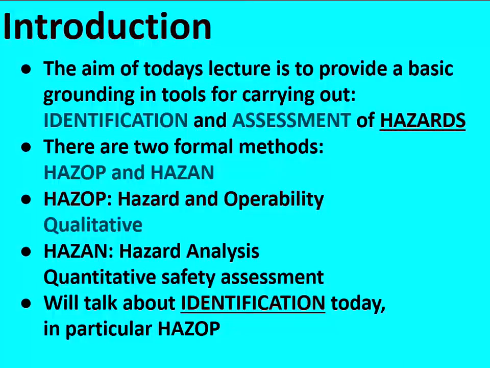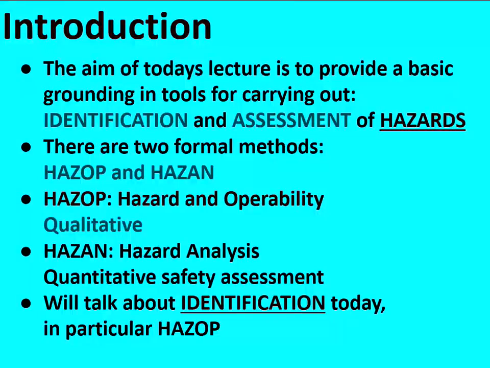So identification and assessment. Identification, you use hazard to identify hazards, and it's a qualitative approach. It's based on judgment and experience and how well the people involved know the system. If it's a new system, you really do need experienced people there because they know what to look for.